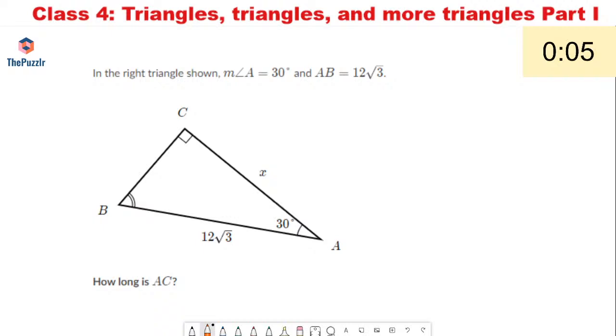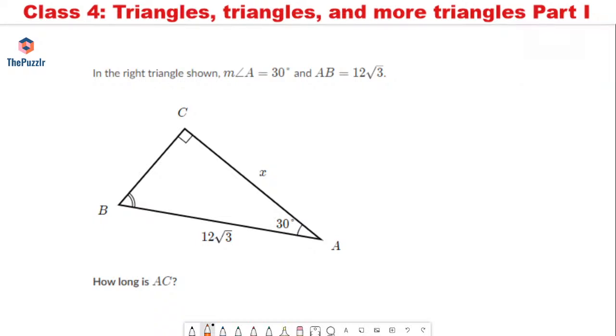Okay, so some of you might have found BC first for this problem. That's okay. I mean, that's probably how I would do it, but let's see.